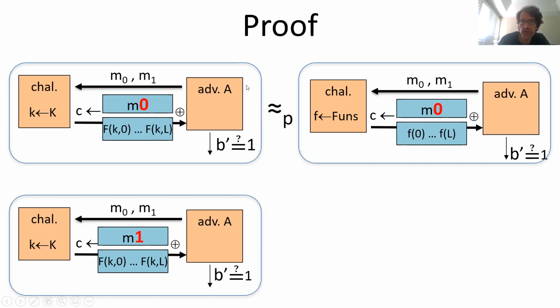If there is anyone who could tell this view from this view, then the same simple reduction we did earlier would show that you would have to distinguish between these and these. And we know by PRF security that you cannot distinguish between these and these, except with negligible advantage, because it's a particular case of an attacker against the PRF.